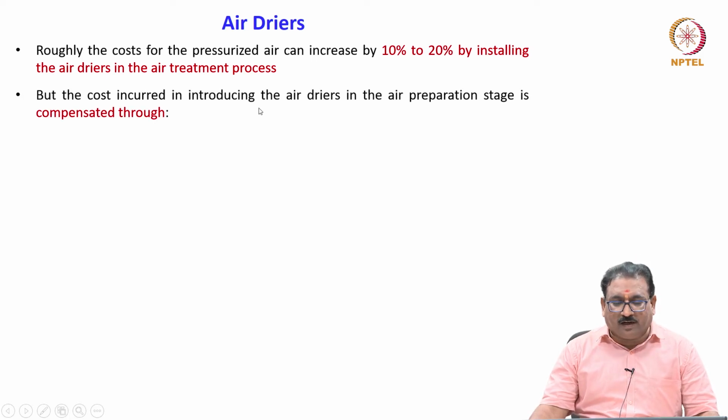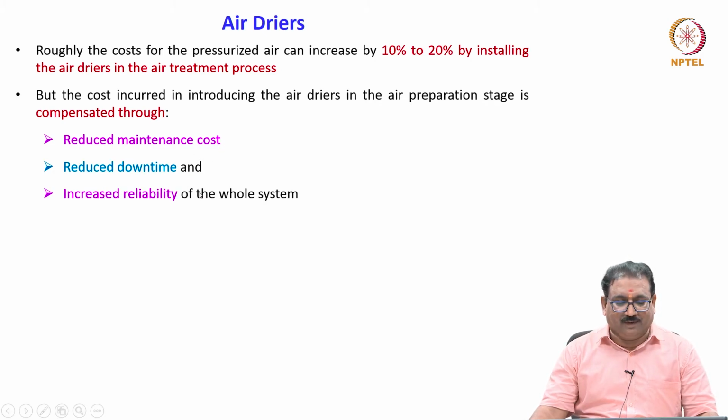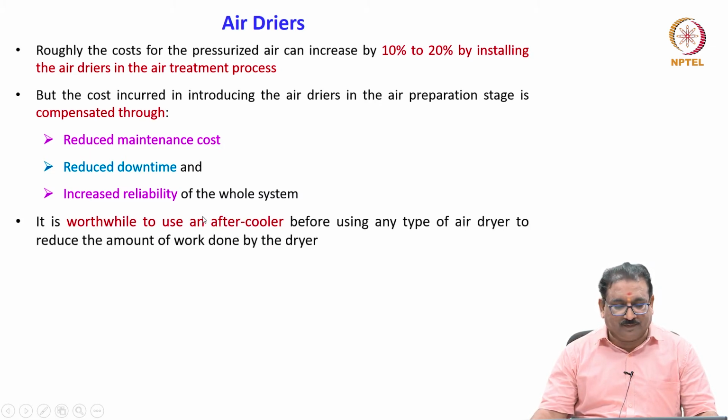But the cost incurred in introducing the air dryers in the air preparation stage is compensated through reduced maintenance cost and reduced downtime. You will see here there are many advantages of incorporating the air dryers: reduced maintenance cost, reduced downtime, and increased reliability of the whole system is ensured.